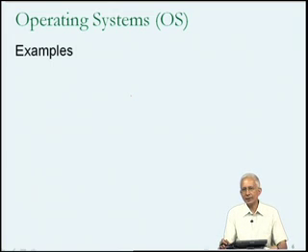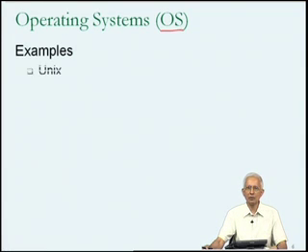So let's just look a little bit at operating systems. The operating system is typically abbreviated as OS. In your experience with using computers, you will have encountered, I'm sure, many different operating systems, or would have come across literature where many different operating systems are mentioned.